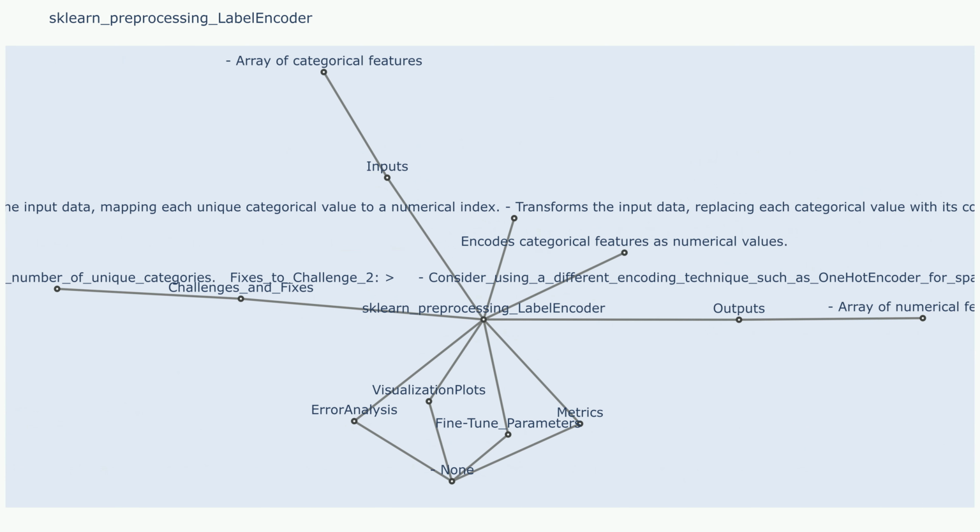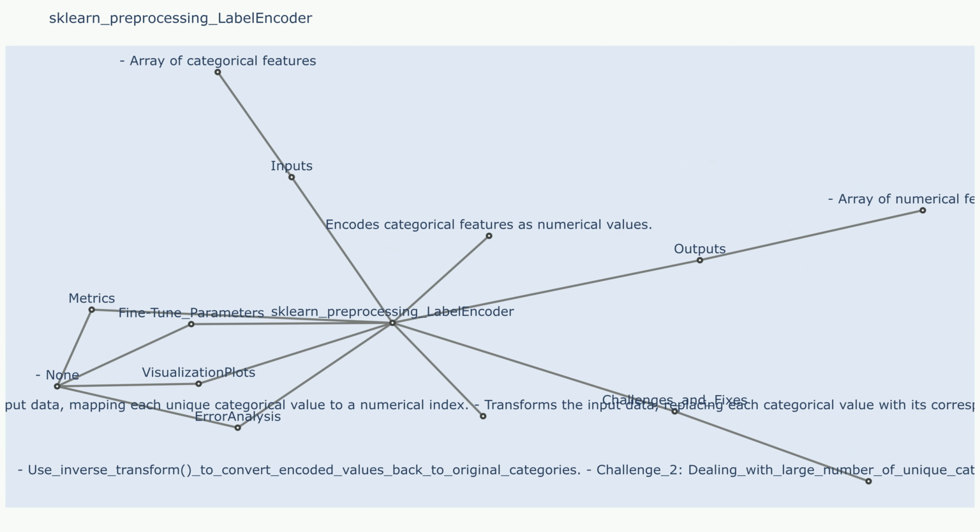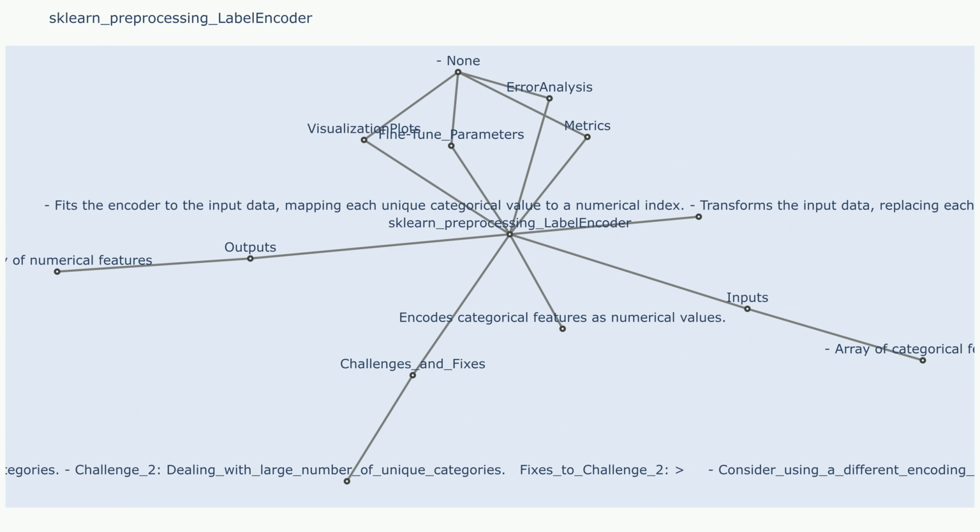Input 2: none. Outputs. Output 1: a 1D array-like object containing the encoded numerical values corresponding to the original categorical data. Output 2: a dictionary mapping the original categorical labels to their assigned numerical codes. This is stored in the classes_ attribute of the LabelEncoder object.